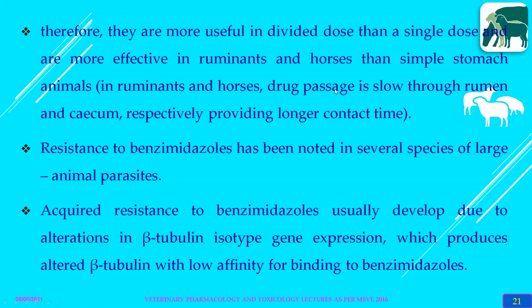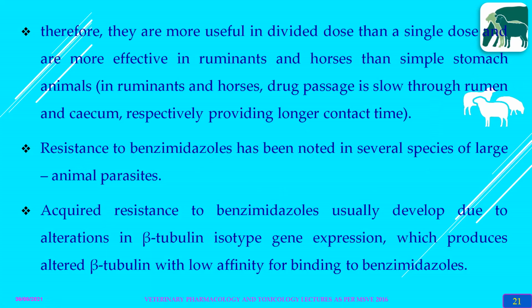Resistance to benzimidazoles is noted in several species of large animals, especially large parasites. As usual, as in the case of antibacterial agents, the acquired resistance to the benzimidazoles usually develops due to alterations in the beta tubulin isotype gene expression.